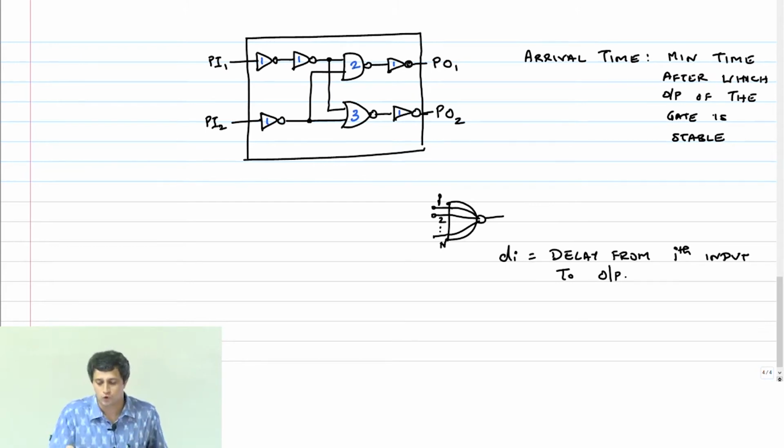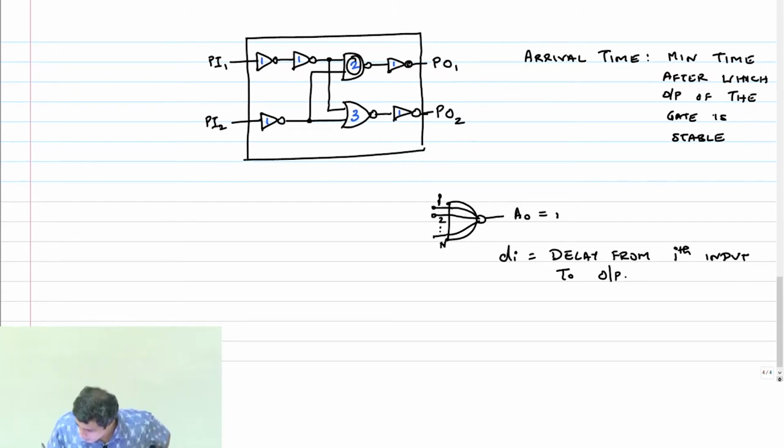Typically in whatever I have shown here, this 2 is the same for both inputs. It doesn't matter which input to output you are looking at, the delay is only 2. In most cases, this Di is similar. But the arrival time at the output of this gate, therefore, will be what?